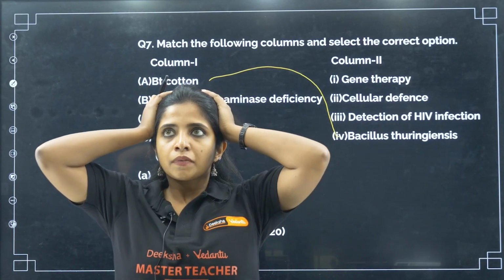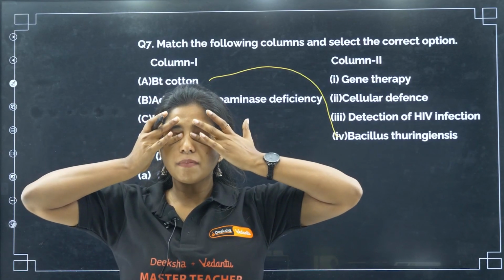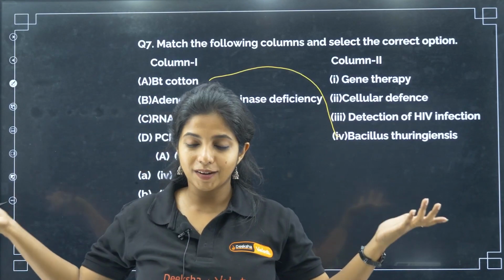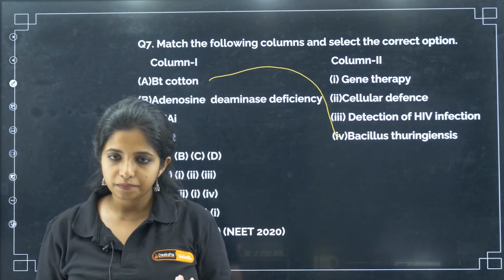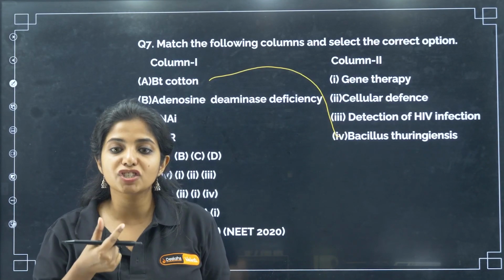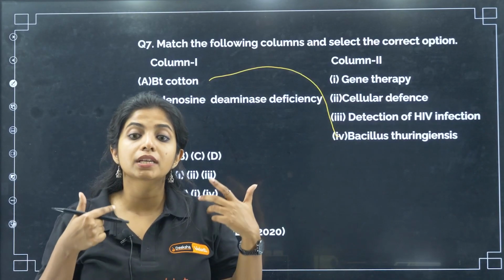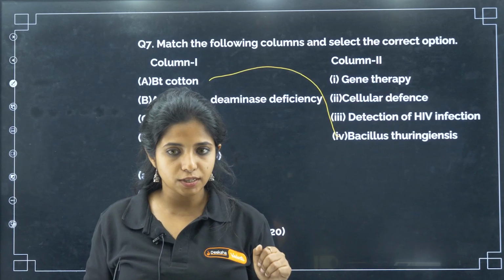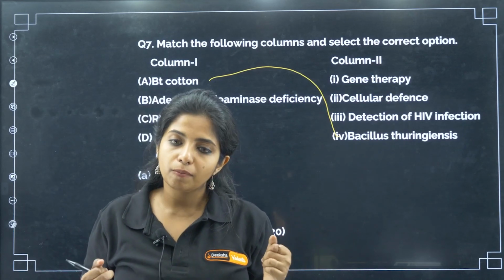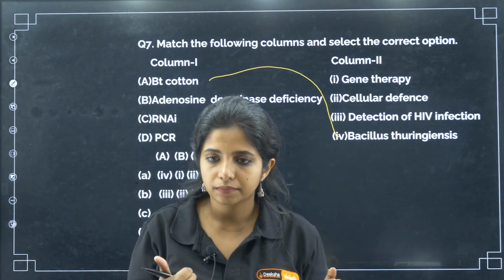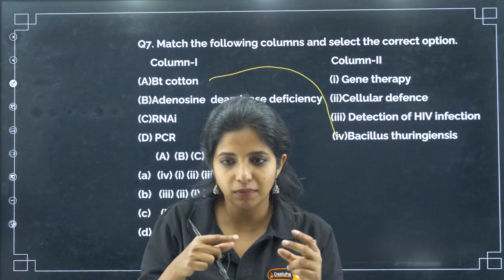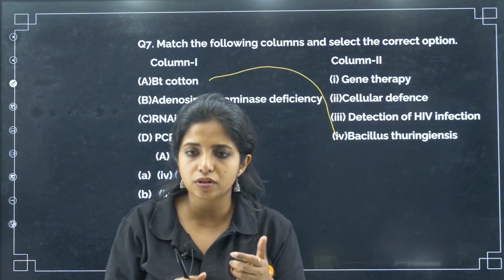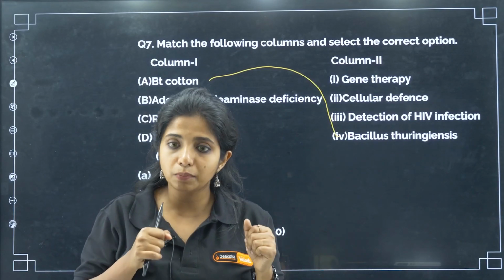Some children lack the gene producing this enzyme, adenosine deaminase. Is that fatal? Yes, that is fatal. What can we do about it? Probably we can do enzyme replacement therapy, where we provide them the enzyme every now and then, but you need repeated transfusion. Or you can do gene therapy.